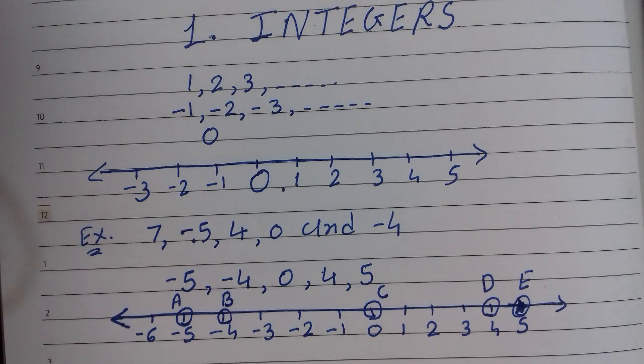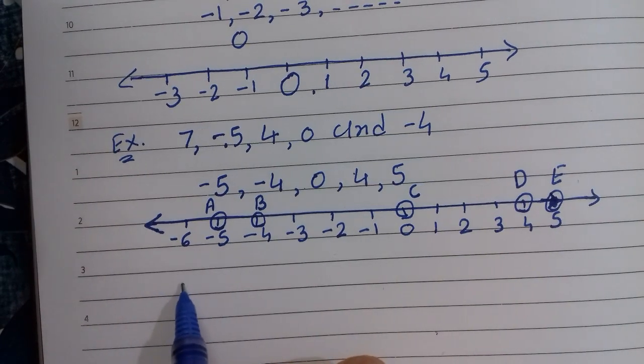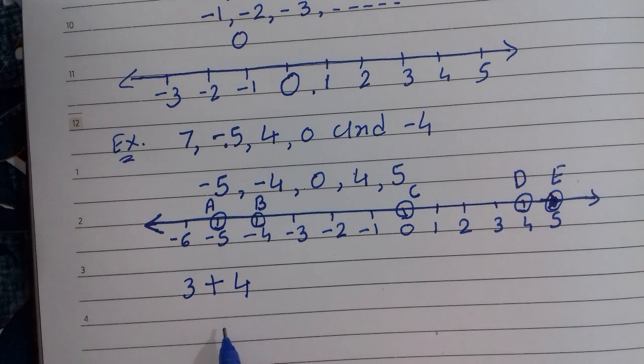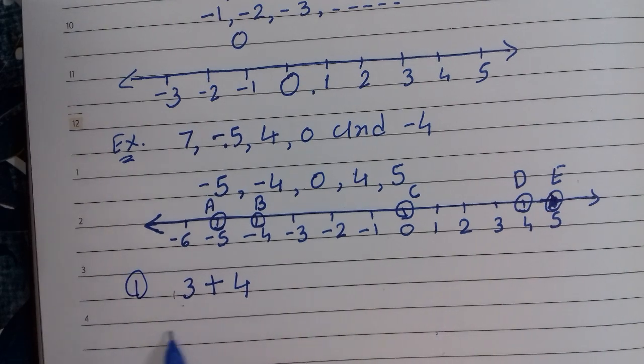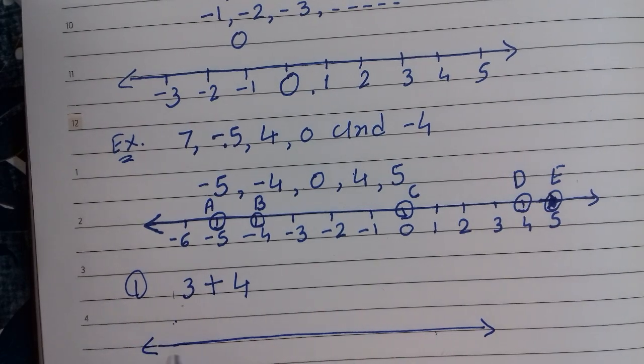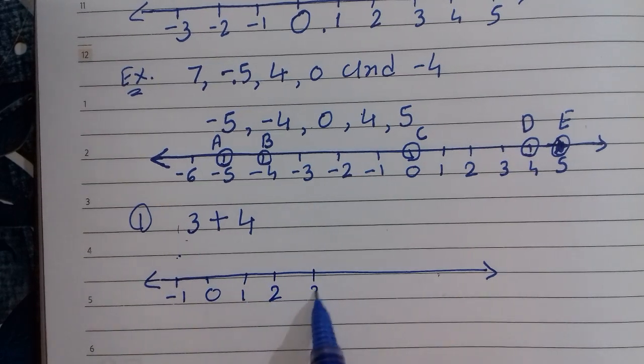On a number line, if we want to do addition of two positive integers, that is 3 plus 4, here both the numbers are positive integers, then move to the right. For example, 3 plus 4. -1, 0, 1, 2, 3, 4.